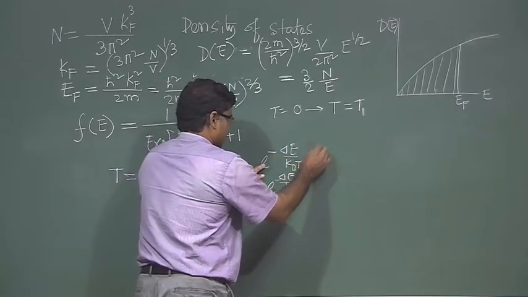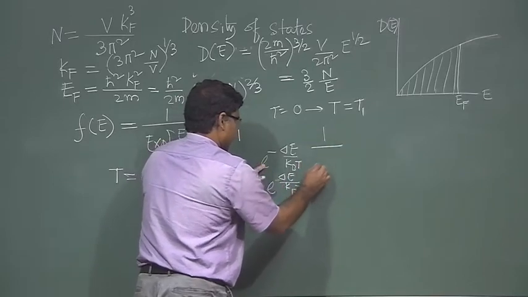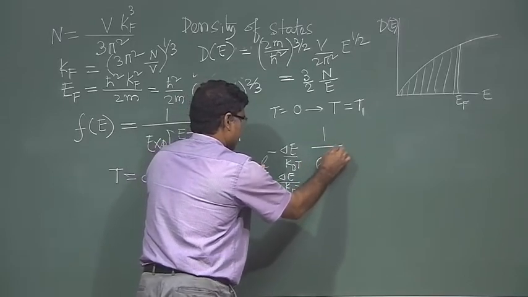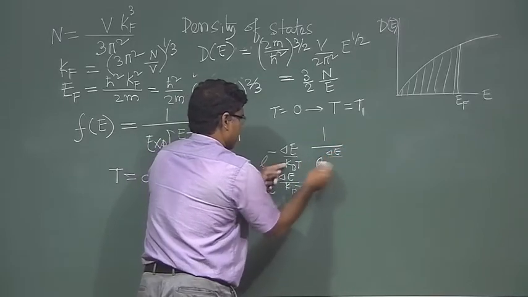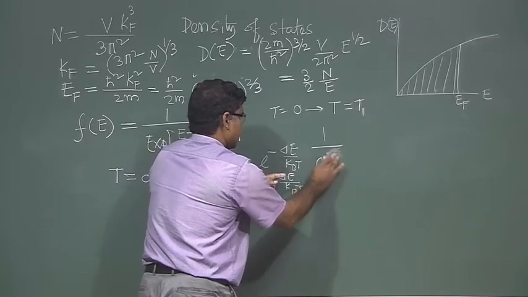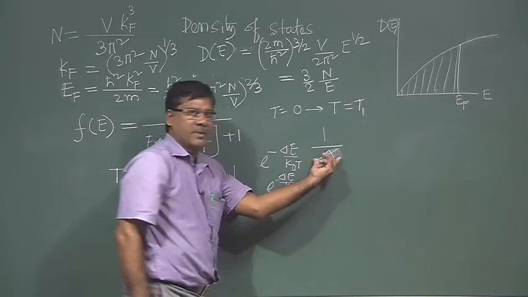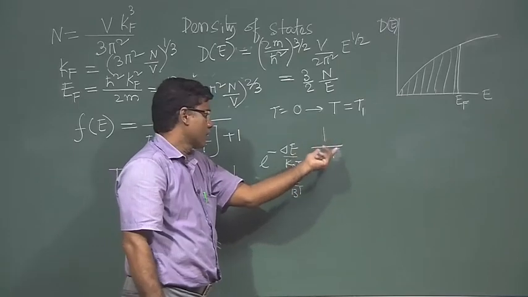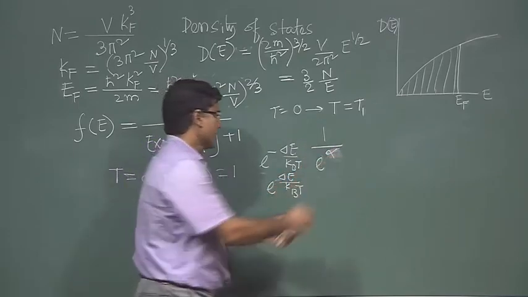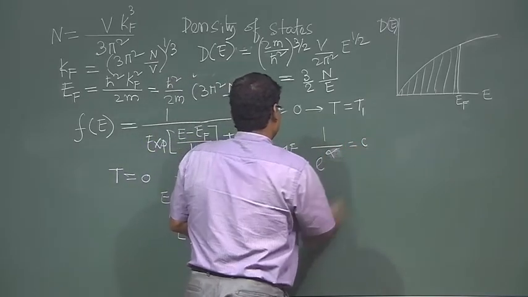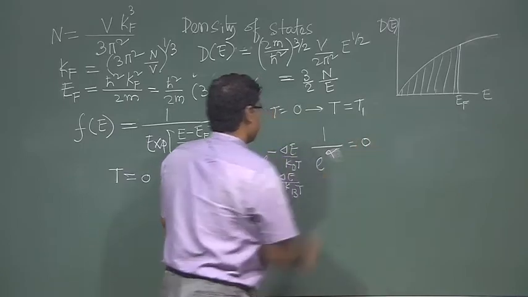So, I can write 1 by e to the power del E by 0, which means infinity. So, this term will be infinity. So, 1 by infinity will be 0, right.